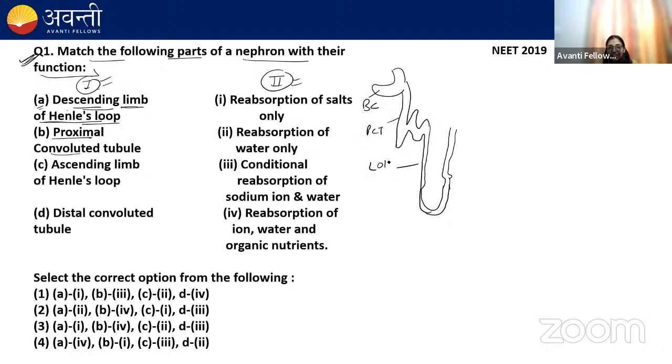This is a loop of Henle. This part is moving downward. We call it the descending loop of Henle. This part is moving upward. We call it the ascending loop of Henle.